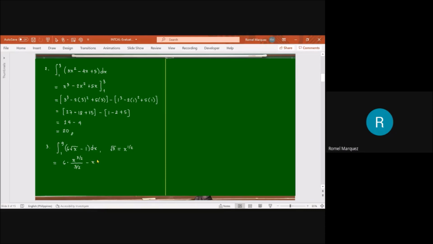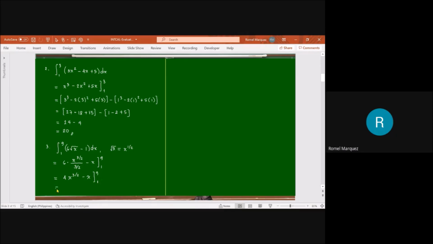So that is x. Again, evaluated from 1 to 9. So simplifying this, 6 divided by 3, that is 2 times 2, 4. Then we have 4 times x to the 3/2 minus x. Okay? Evaluated from 1 to 9.